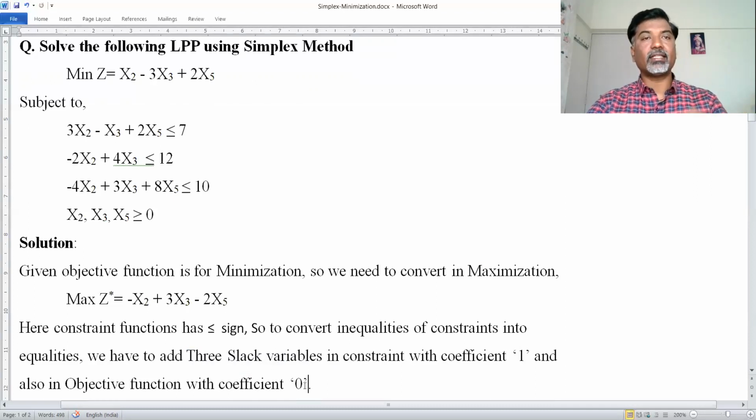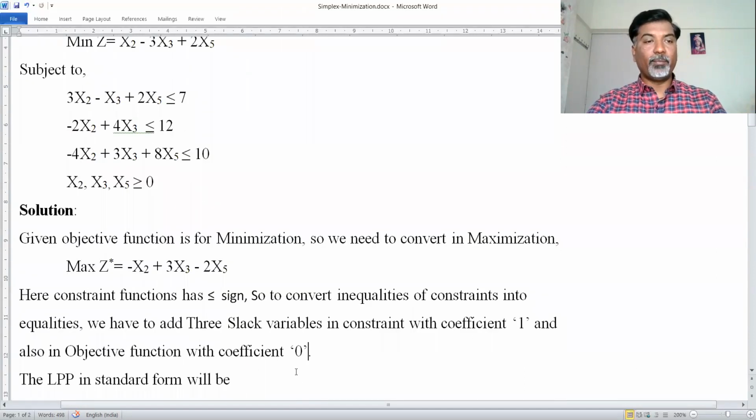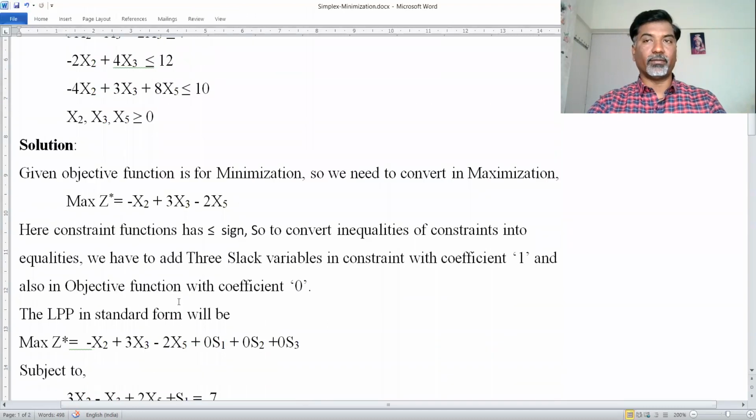And when you are adding that variable in the objective function, the coefficient of that slack variable is equal to 0. Okay, the LPP in standard form will be, we'll see how to convert these equations.